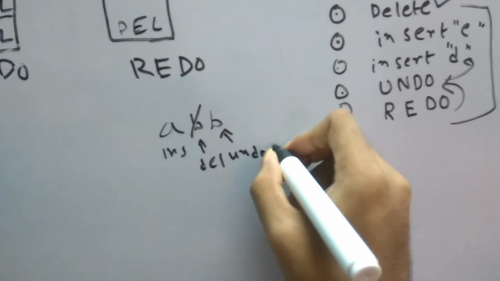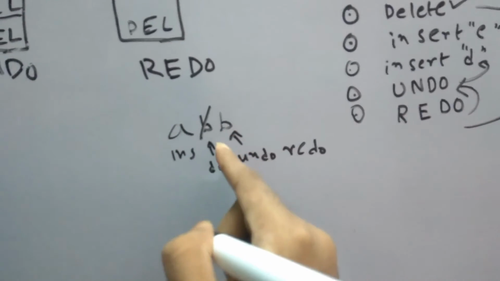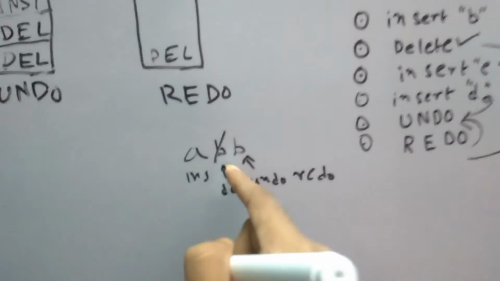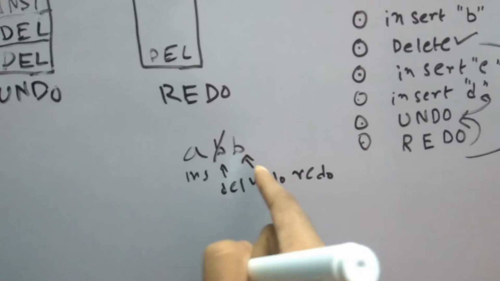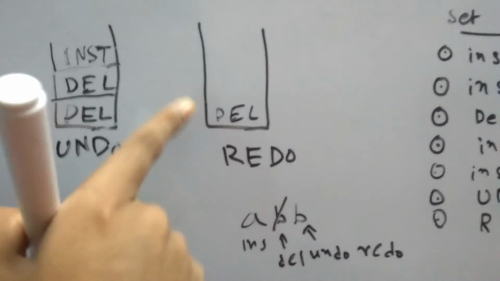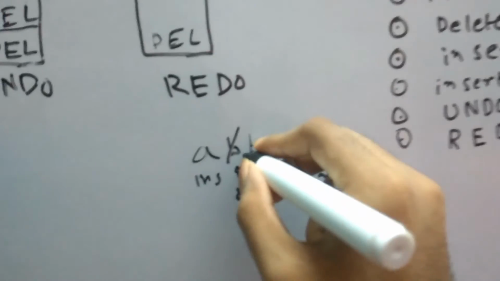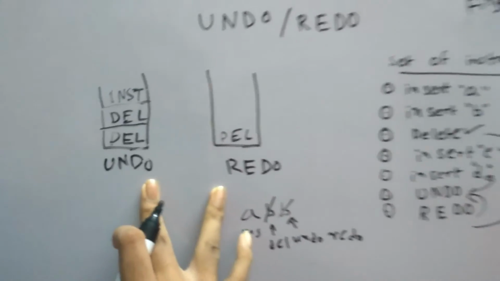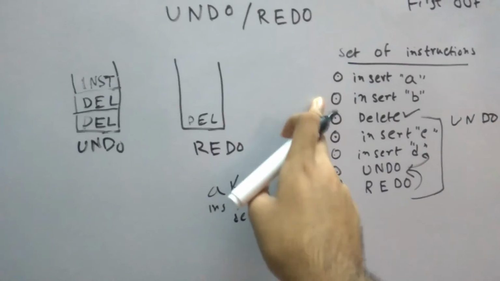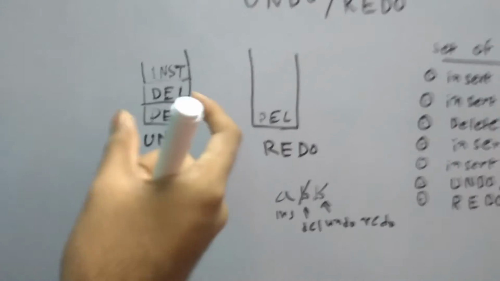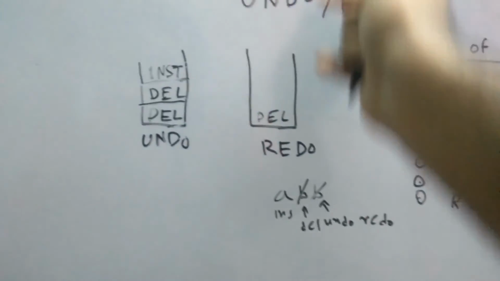If we do redo, it will undo the undo, so it will delete the B once again. How can it know that it has to delete B? It will look at the redo stack, and at the top of the stack it has delete, so it will delete B once again. So this is how these two stacks are working in coordination. Whenever we get some instruction, we store its opposite instruction in the undo stack, and whenever we get a specific undo instruction, only then we store its opposite in the redo stack.